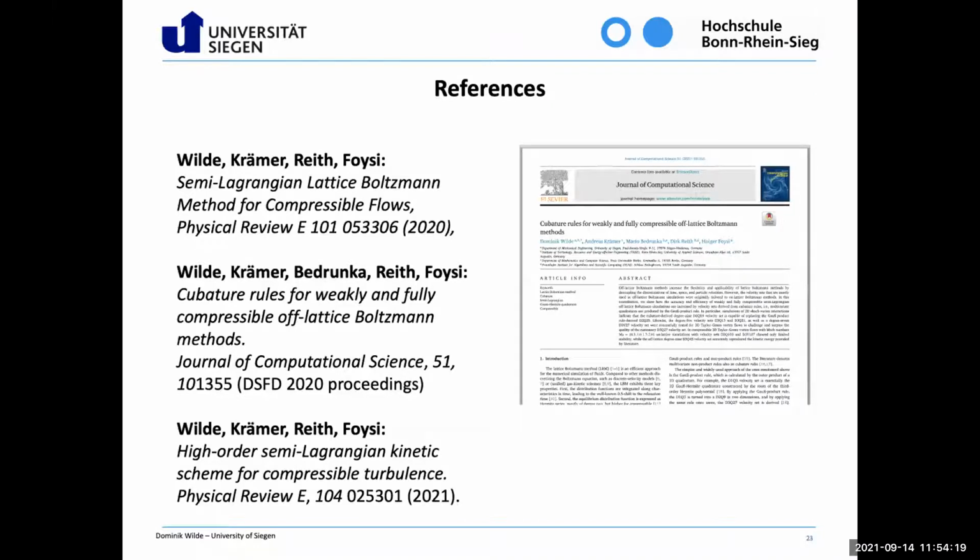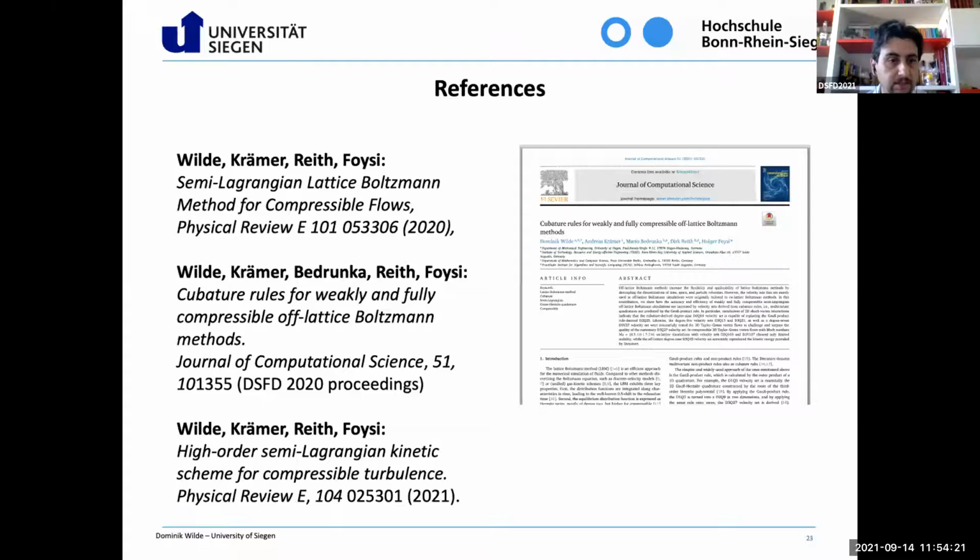Okay, thank you. Another question is what kind of acoustic CFLs can you achieve with this stencil? I never actually expressed the time step size in terms of CFL numbers, because it's always a question of definition.